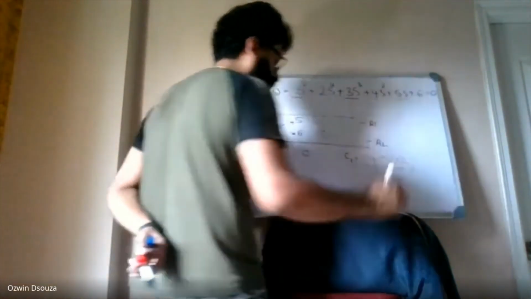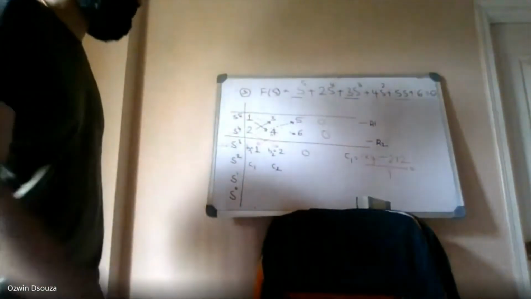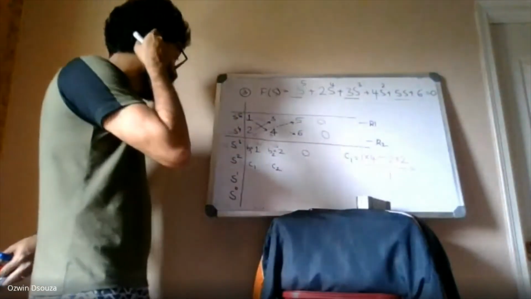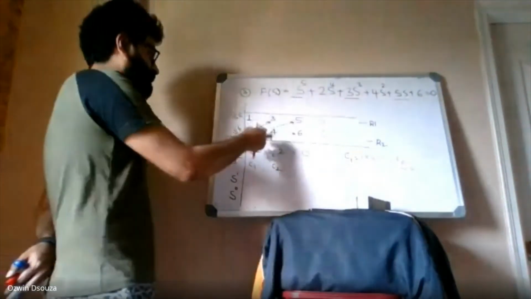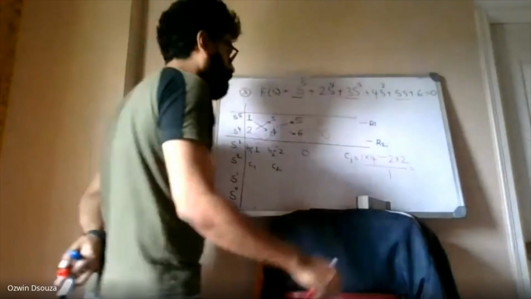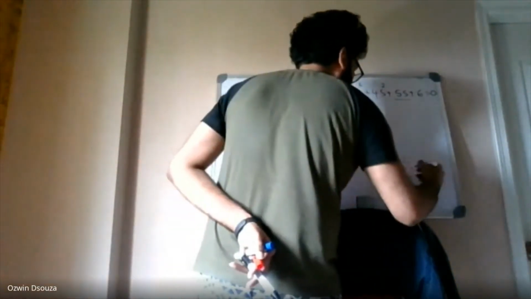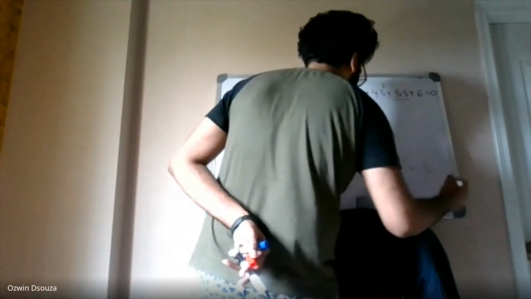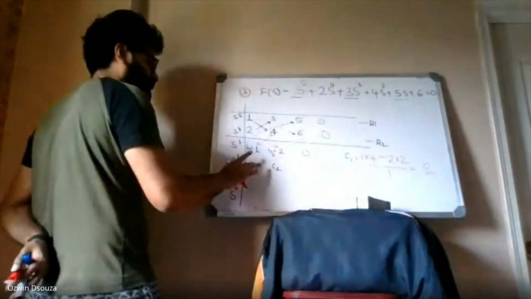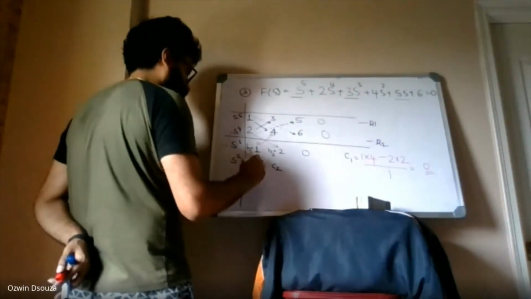I never wanted this, but I ended up getting this. So 1 into 4 minus 2 into 2. What do you get? 4 minus 4 divided by 1, which is 0. So my C1 element becomes 0.